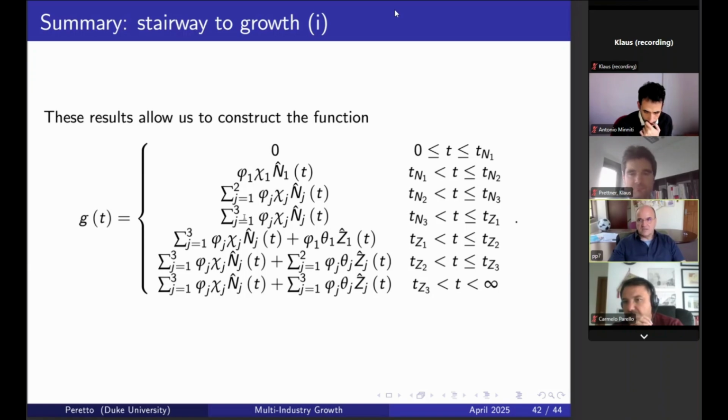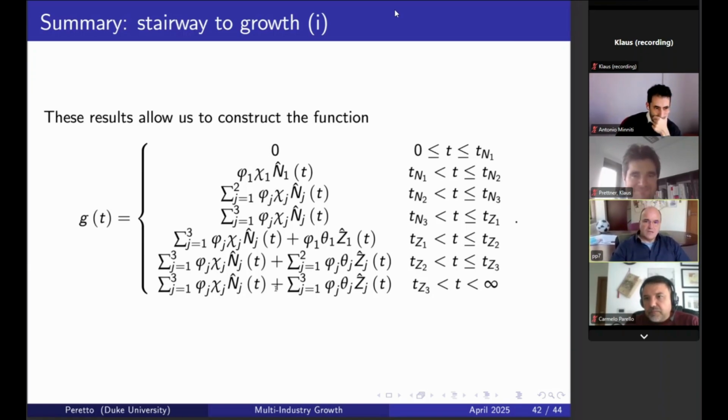Then industry 3 enters the industrial era, and you get the weighted sum of product variety growth in all the three industries. Then you start adding, industry by industry, the activation of firm growth, vertical innovation, and you have the times at which this happens. Okay. And again, this is the sum of two weighted sums. The weight is always the expenditure share of all these things. All right, and I like that this looks like some sort of a big triangle, pyramid, or whatever.